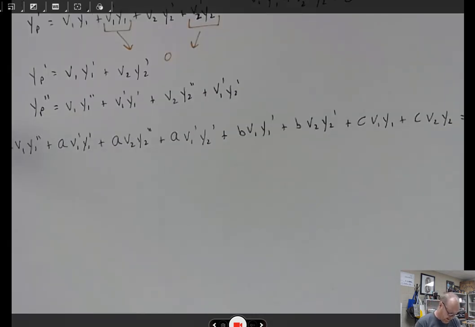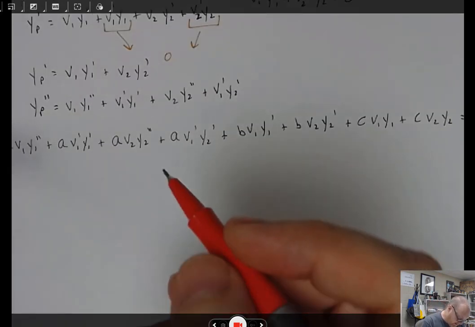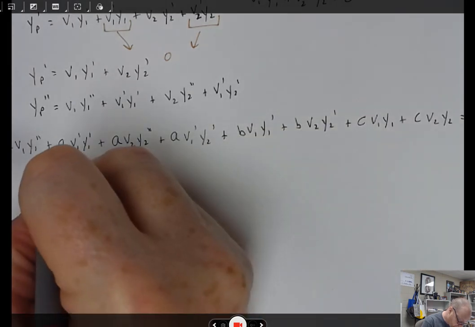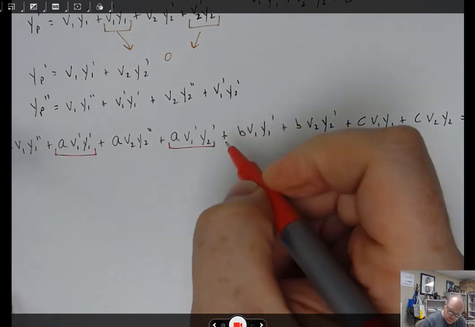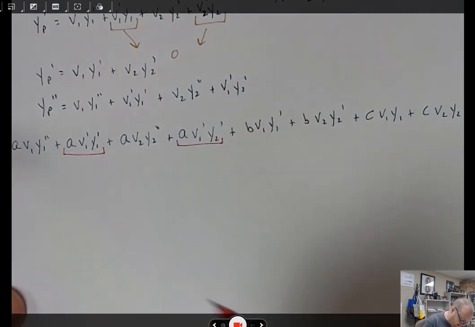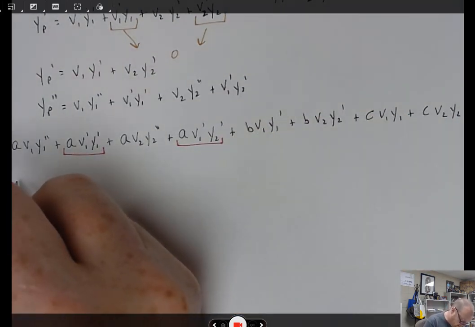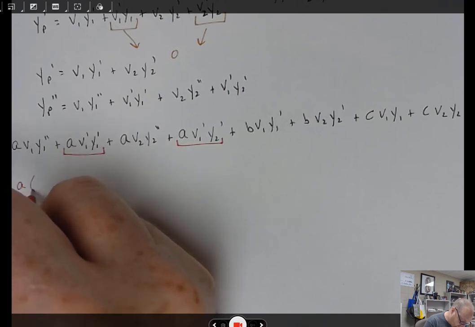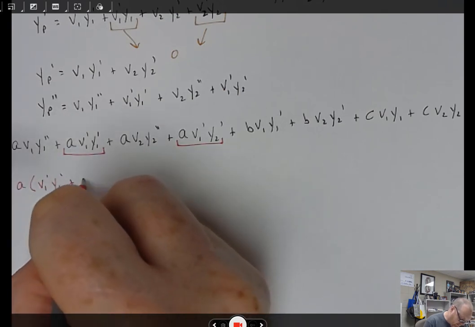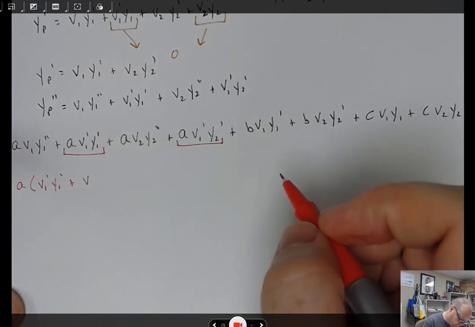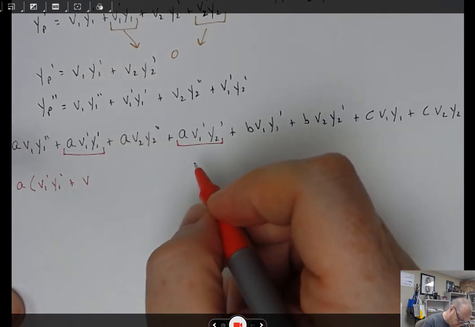I'm going to hang on to several terms here. I'm going to hang on to this term and this term. Those two terms that I've underlined in red look like a times v1 prime y1 prime, plus, I've lost the subscript again.